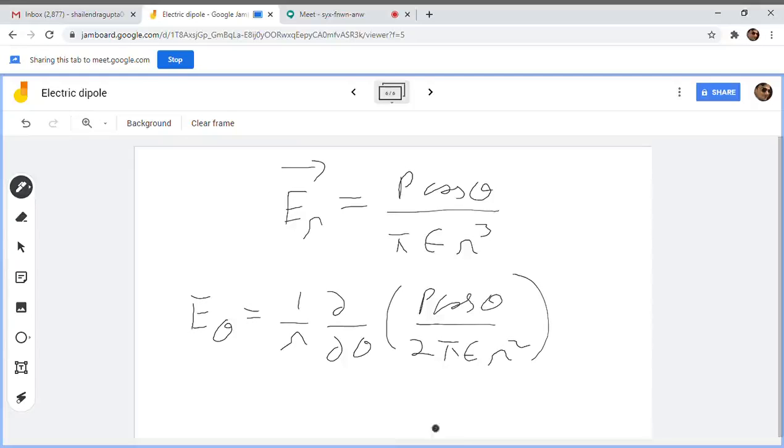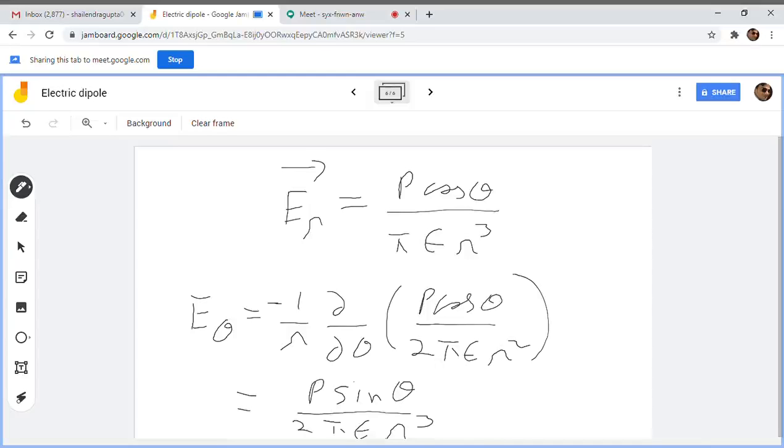So differentiating with respect to theta, there is again a minus sign. Cos theta gives minus sin theta, so minus minus will be cancelled out. So it will be sin theta. So this will be p sin theta; R will come from here. So it will be 2 pi epsilon r cube.